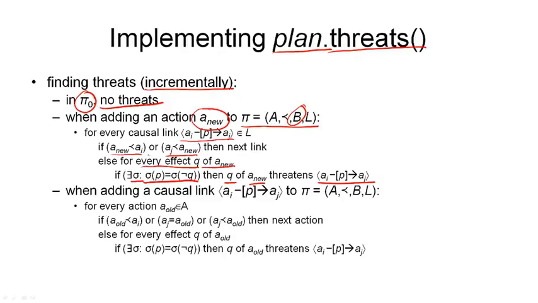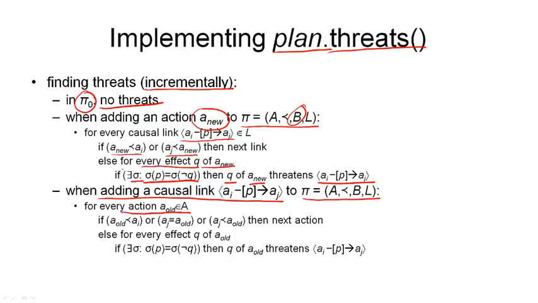The other way where we can add new threats to our partial plan is when we add a causal link from AI to AJ protecting proposition P to our current partial plan. And when we add this new causal link to the plan, this may be threatened by any action that is already in the plan. So what we've got to do is loop over all the old actions in our plan that already existed and check whether they pose a threat.